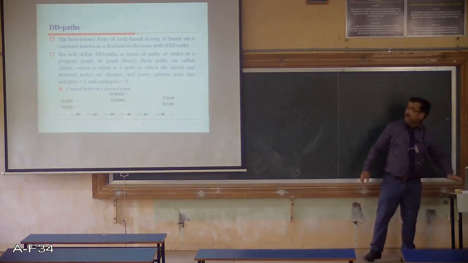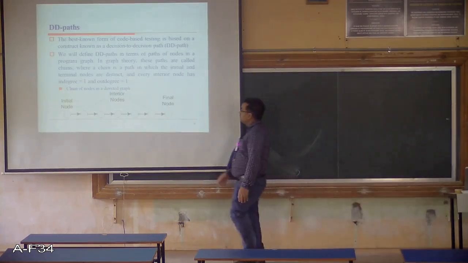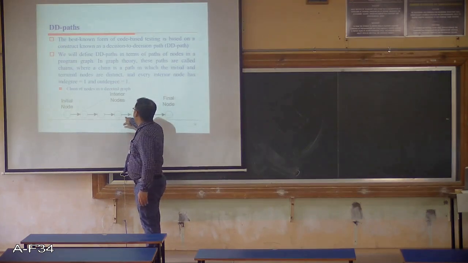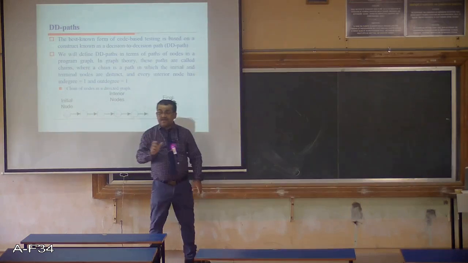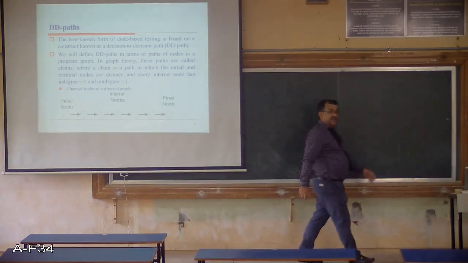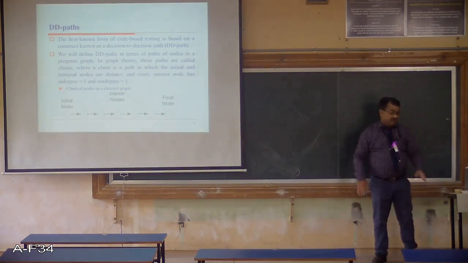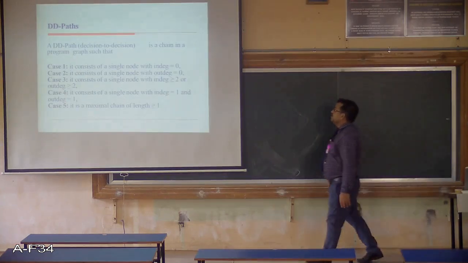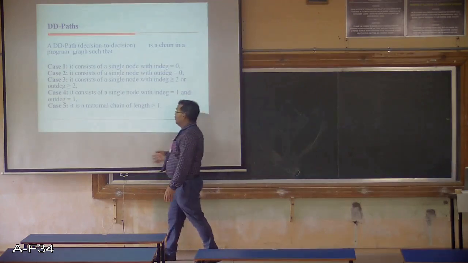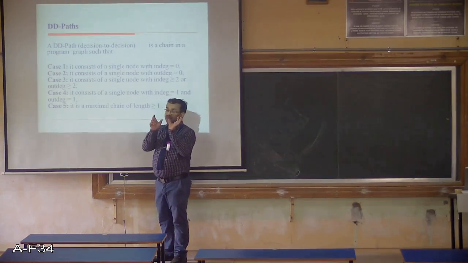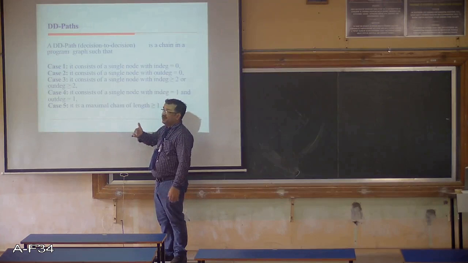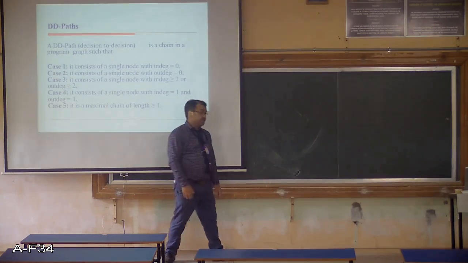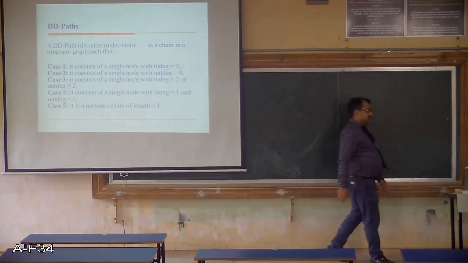In the previous slide, this is a chain of nodes where the in degree and out degree are 1. So case 5 indicates the maximal chain in a particular program segment, where case 4 is satisfied, that is, the chain of connected nodes where all in degrees are 1 and out degrees are 1. That is the maximal chain, and it is indicated in case 5.